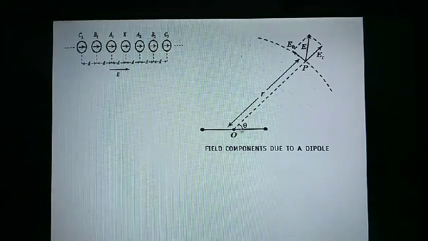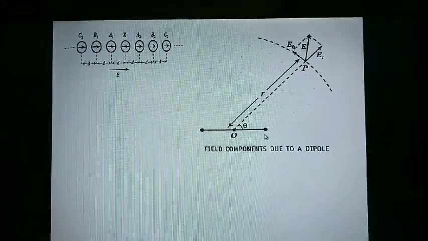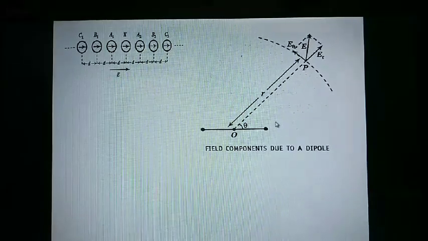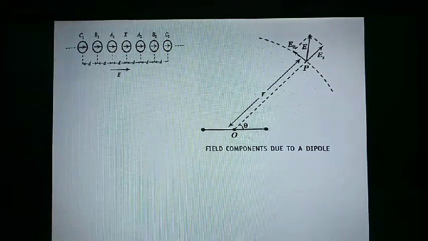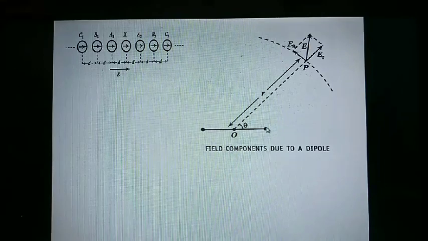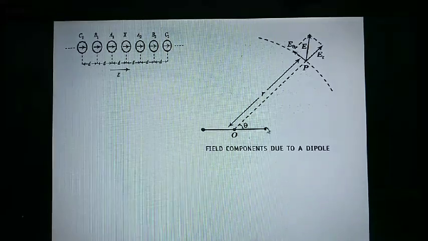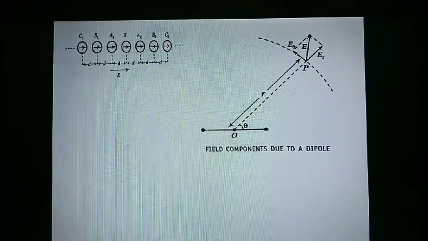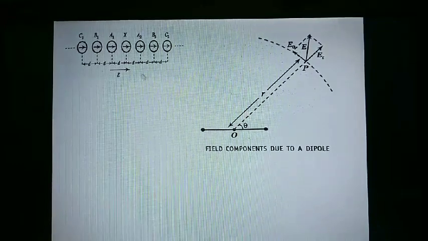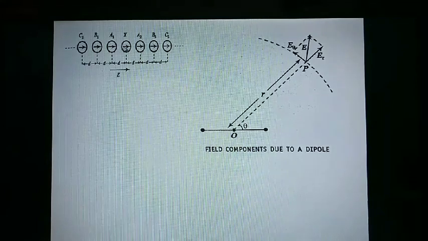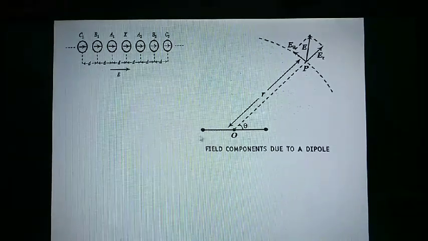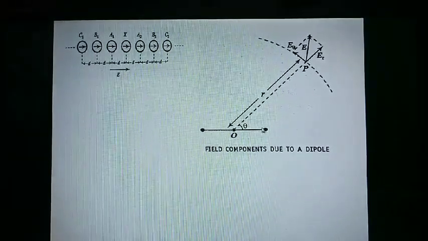This may be negative charge or that may be the positive charge. The distance between them is not d here, because the distance between the two charges within the dipole in our previous lecture was taken to be d, but here in this derivation this d is the distance between the two dipoles, not the distance between the two charges. Okay.